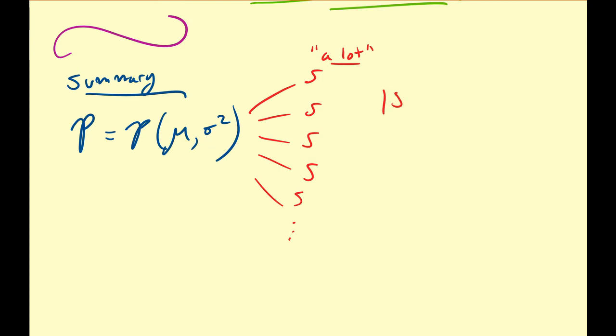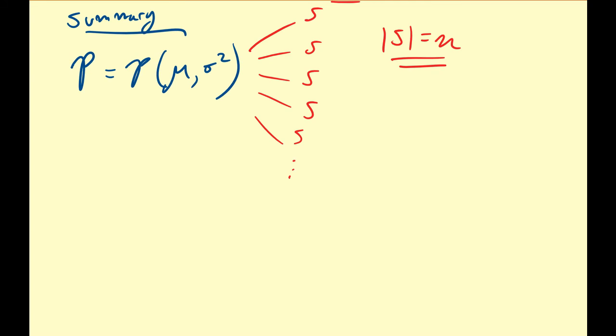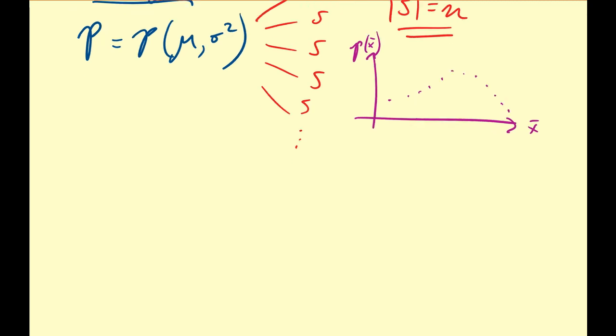Each of these samples has sample size n, and usually we want the sample size to be as large as possible. If we take all those values and map them on some graph, we're going to get some distribution.